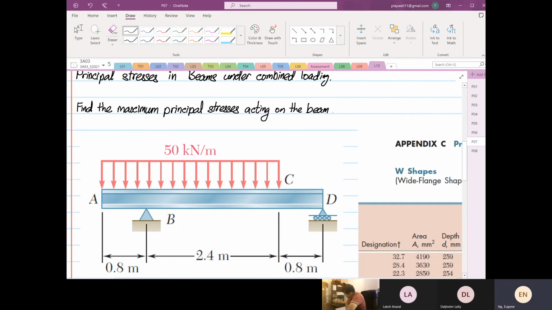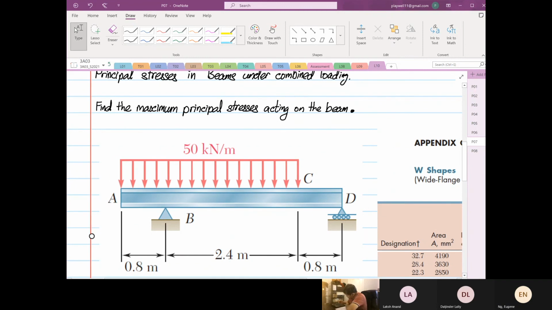So this is a full stop. The section selected was W250 times 28.4, white flange.